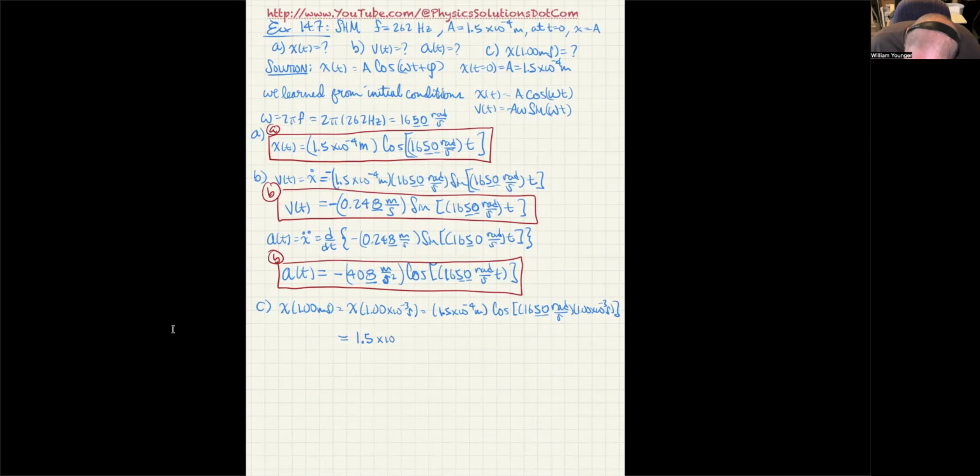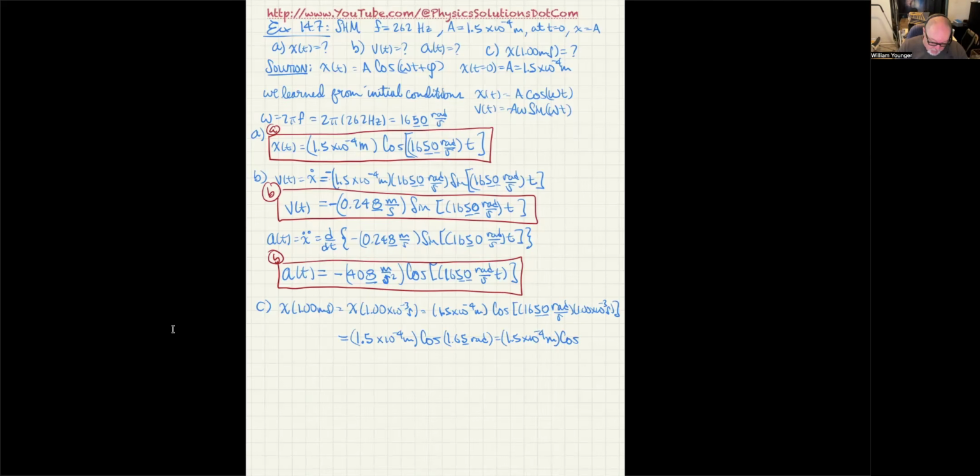So 1.5 times 10 to the negative fourth meters times the cosine. Now I'm going to take 1,650 and multiply that by 1 times 10 to the negative 3. That's going to give me 1.65 radians. But that is 1.5 times 10 to the negative fourth meters times the cosine of 1.65 radians. I'm going to take that and divide it by pi and multiply by 180.